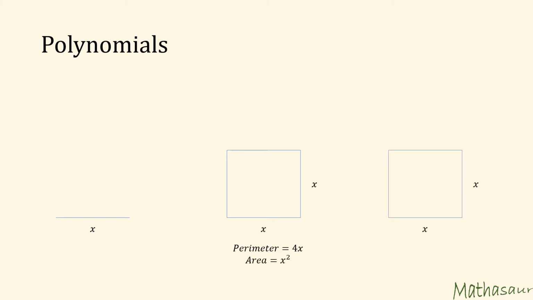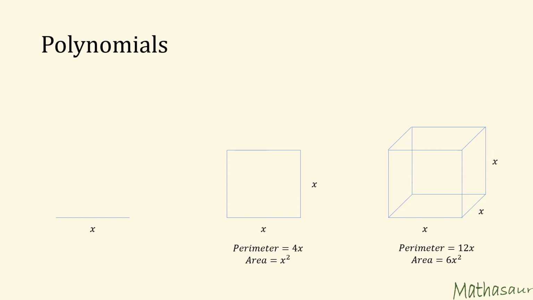Now let us take the square and make a cube using segment of length x. Now the perimeter of this cube would be the sum of all its edges. So the perimeter would be 12 times x. The surface area of this cube would be the sum of areas of all the faces.